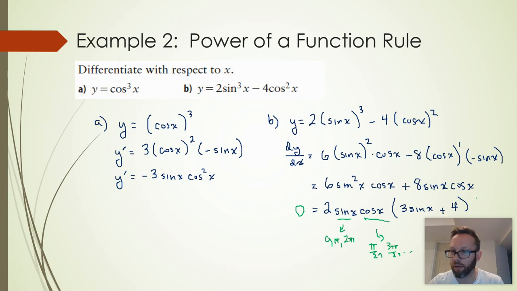If you set that to 0 and rearrange, you're looking for values of x that make sine x equal to, if you bring over the 4, -4 over 3. And you guys have learned skills to do that from earlier grades. Now, of course, there is no value of x that gives that, because sine has to be between 1 and -1. But that's how you could solve that equation without too much pain.